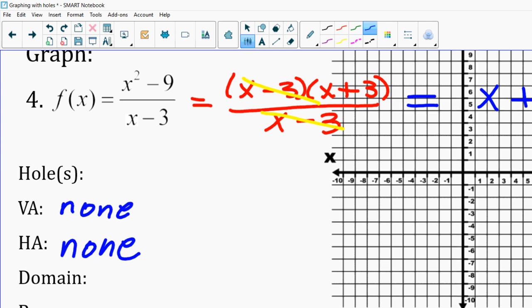What is the x value of my hole? The x value of my hole is 3. What's the y value of my hole? No, put the x value of my hole into what's left. 3 plus 3 is 6. Yeah. 3 plus 3 is 6. That's my hole.